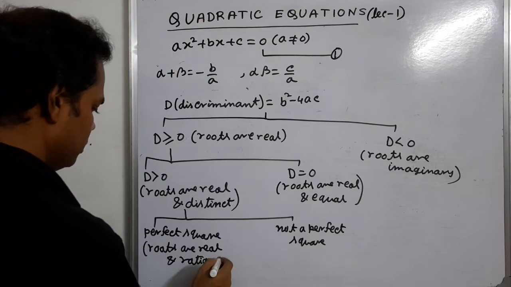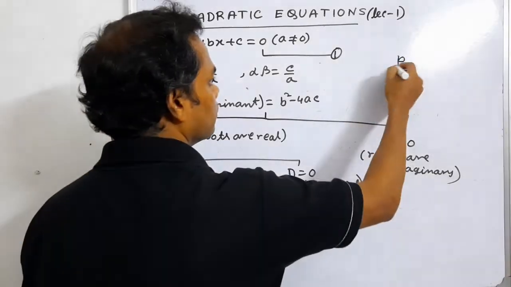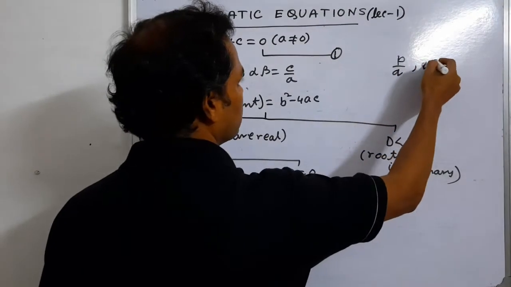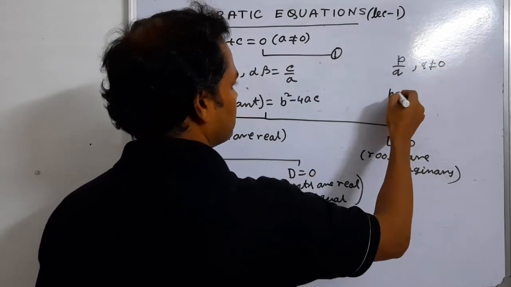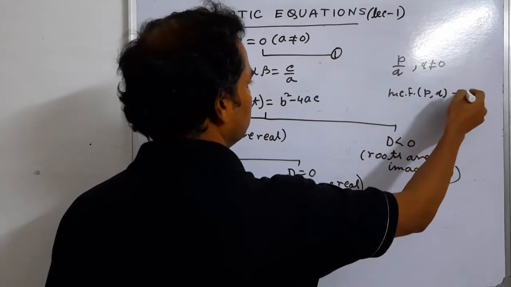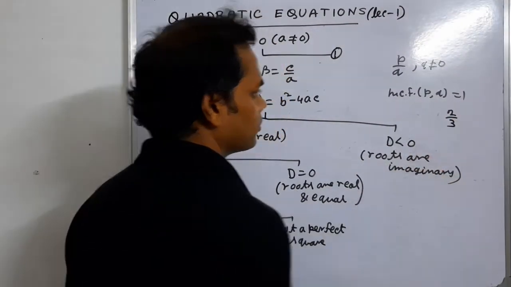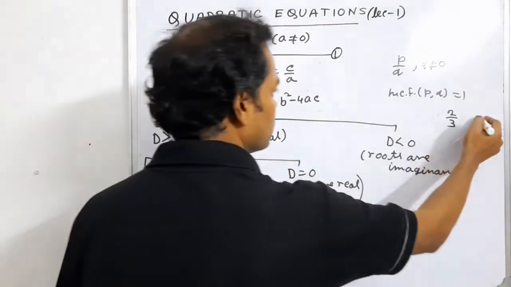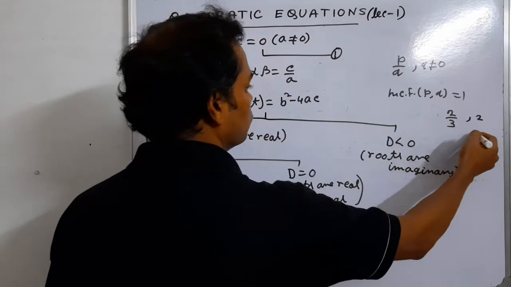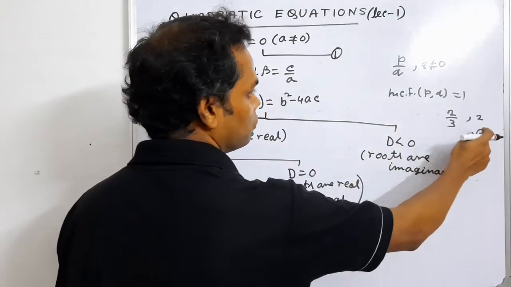What is a rational number? Any number that can be written in the form p by q, where q is not equal to 0 and the HCF of p and q is 1. For example, 2 by 3 is a rational number, and 2 is a rational number, but root 2 is not a rational number because p and q must be integers, and here root 2 is not an integer.